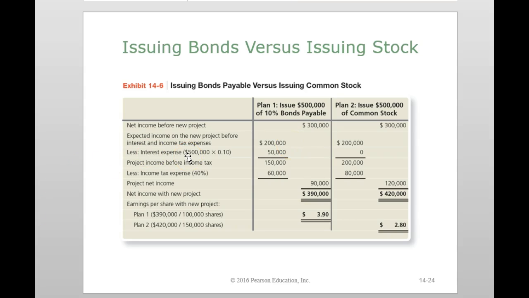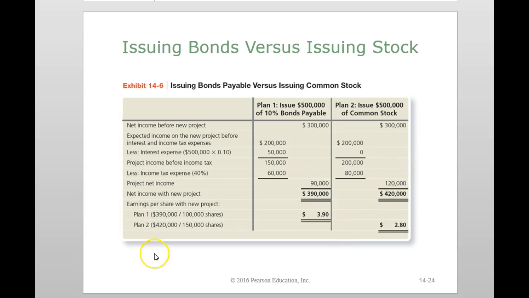The interest that we're going to pay each year is $50,000, so we'll have to deduct that. So we come up with a projection of income from borrowing the money of $150,000, and we have to take away the tax expense, obviously. That leaves us with a projected net income of $90,000.